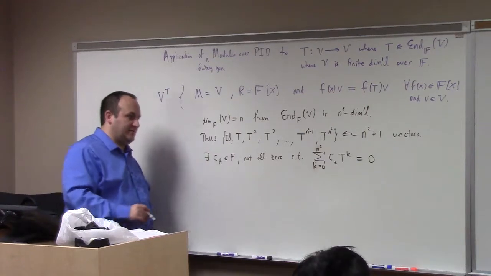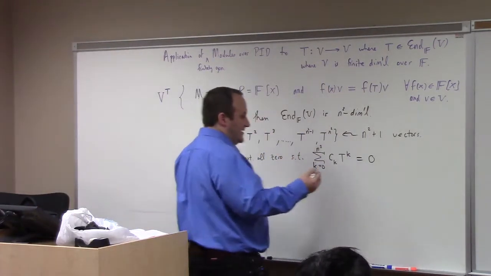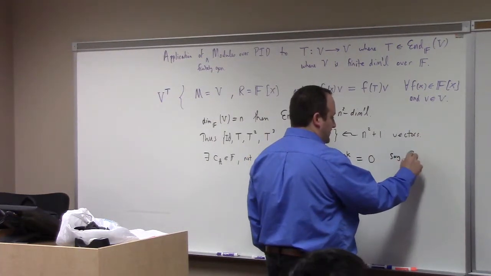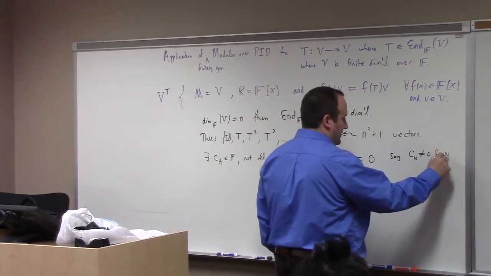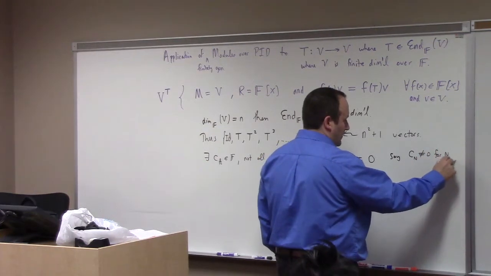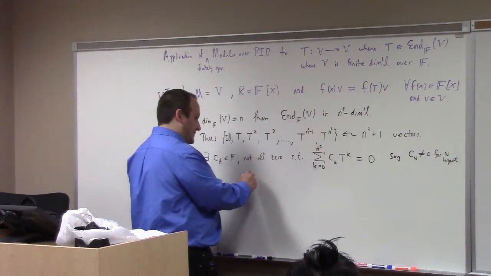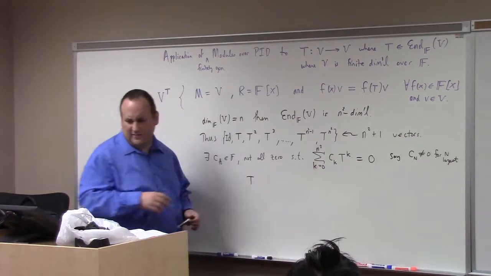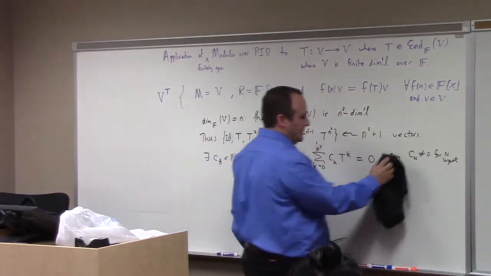Let's say c sub n is not equal to 0 for n largest, right? Then you could write that T to the, well, anyway, let me shut up.